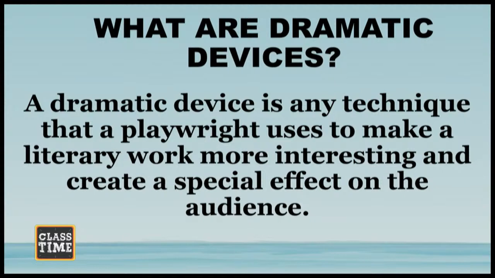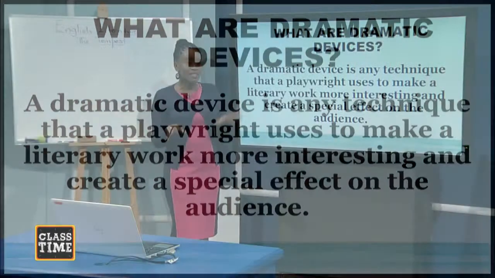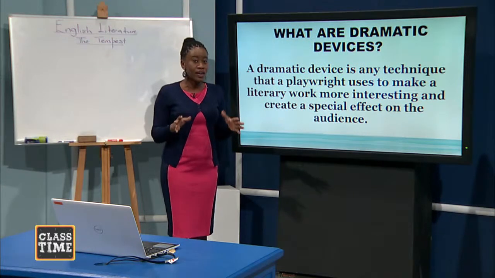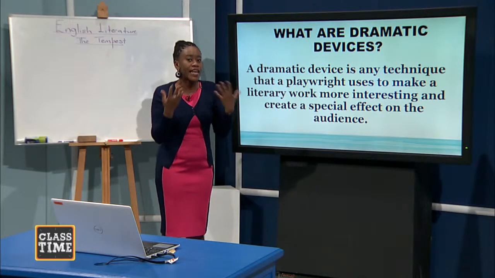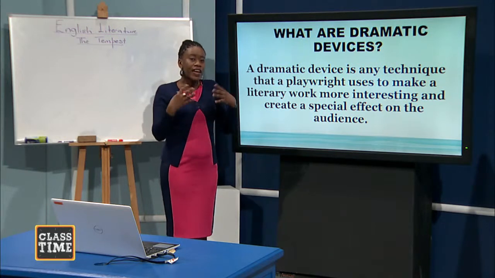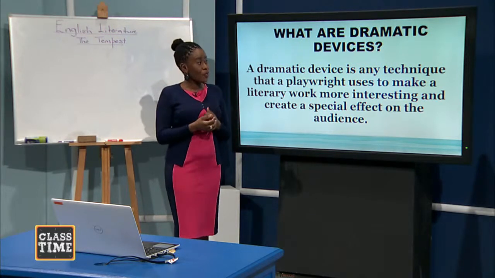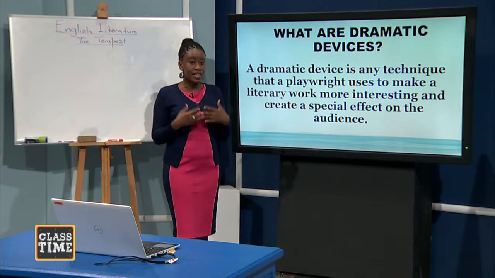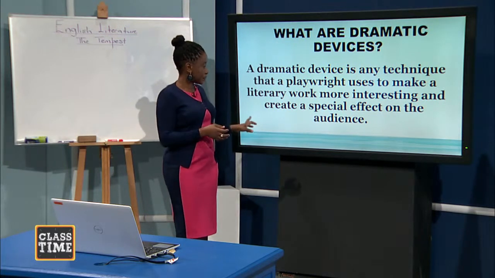If you only include a little flour and a little sugar, how is that cake going to come out? It's not going to be very tasty at all. But if you include some raisins, some vanilla, cinnamon powder, and so on, then your cake should have a better flavor. So consider techniques as those strategies that add flavor to the work. And we are going to be looking at some of the techniques that Shakespeare uses.